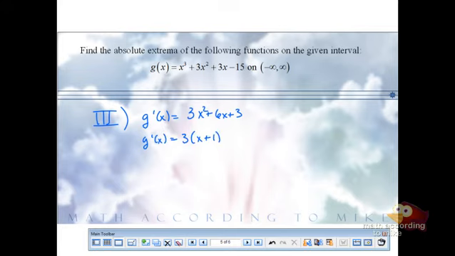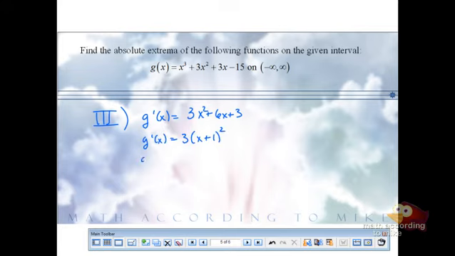So we'll do it again. Look at this different numbering system. So what is the first derivative? So just like we had before, 3 times the quantity x plus 1 squared.